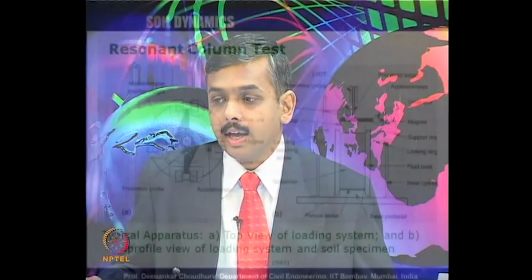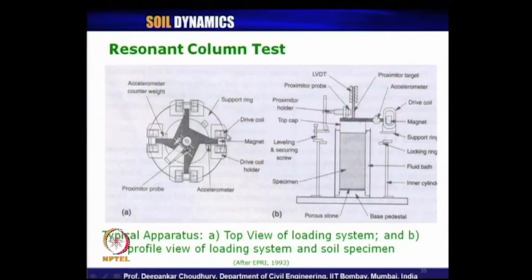In the sample test where we are using the concept of small strain level test, the first one is resonant column test. So, this is the pictorial representation of the apparatus which is used: accelerometer, counterweight, supporting ring, drive coil, a magnet. These are the accelerometers here.